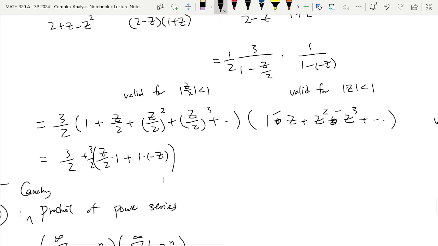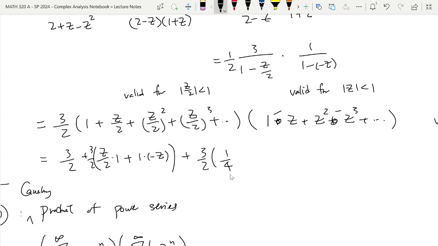But for us, a lot of times we just want the first few terms. So if you multiply these, for the z squared, if I want to copy the coefficients, I should have 1/4 here, 1/4 times 1. And the second way I can get a quadratic term is z over 2 times negative z, so I get minus 1/2.